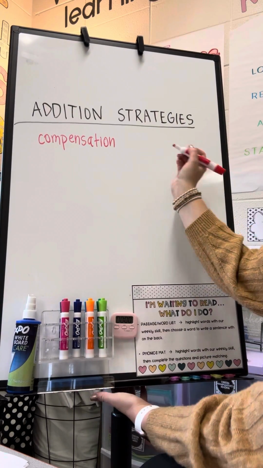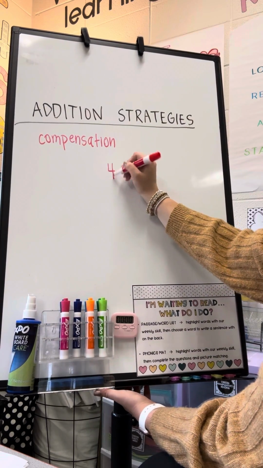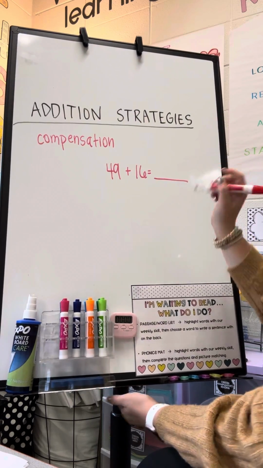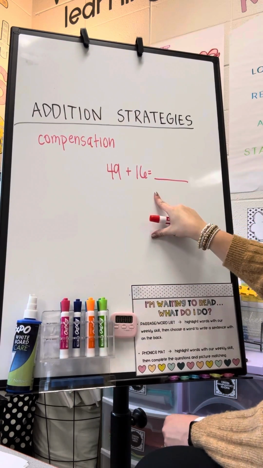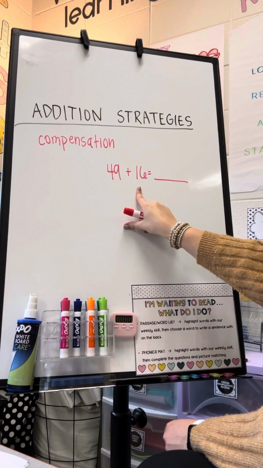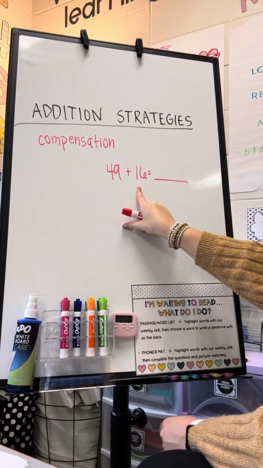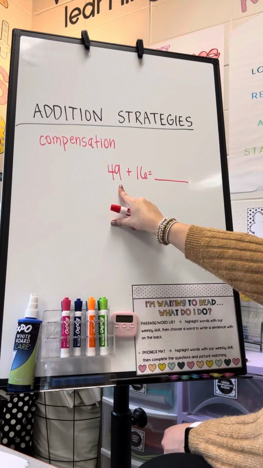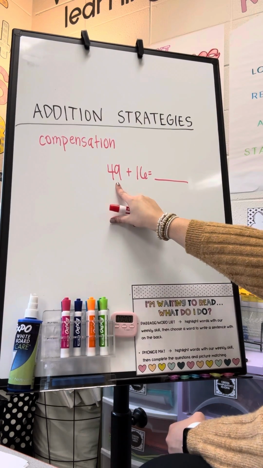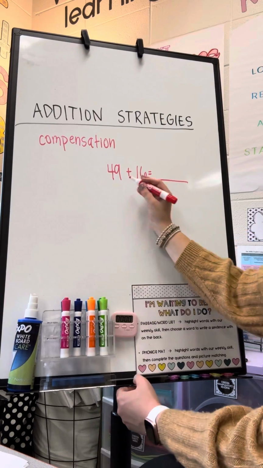So if we had, let's say, 49 and 16, okay? Looking at an equation, if you have one of your addends that's really close to a friendly tens number, for example, 49 is really close to 50, okay? And so then we would prompt the students, okay, well, how much does it need to get to that friendly tens number?